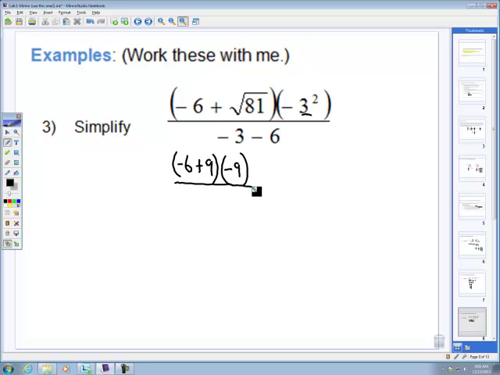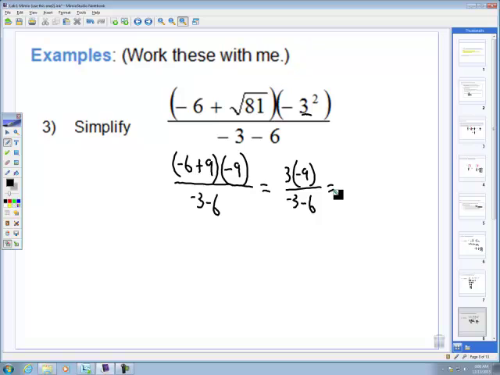All divided by negative 3 minus 6. Okay, so let's clean up each grouping symbol in the numerator. Negative 6 plus 9 would give us a positive 3, times a negative 9, all divided by negative 3 minus 6. Notice we haven't done anything to the denominator yet. We're just cleaning up the numerator.